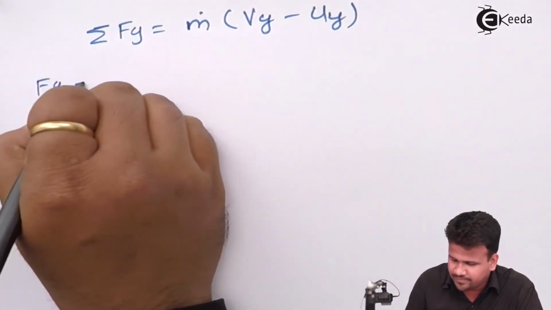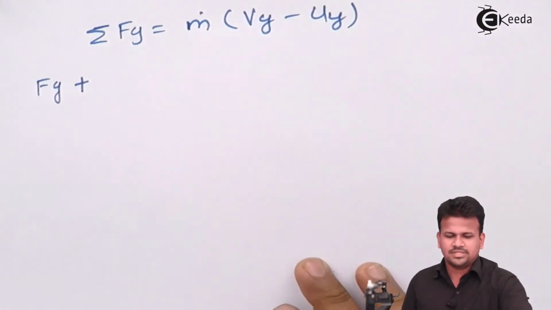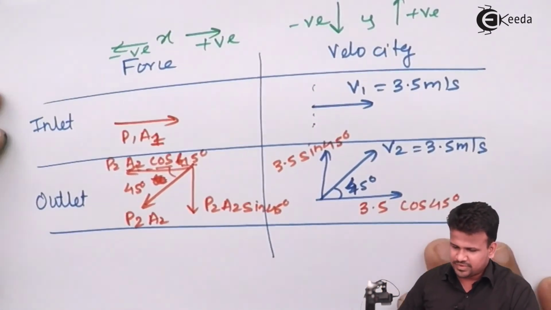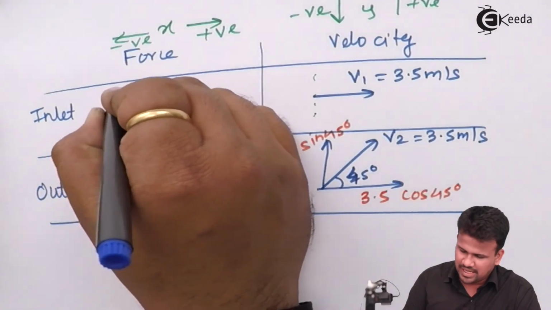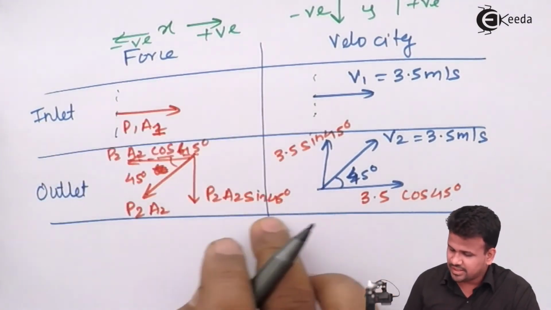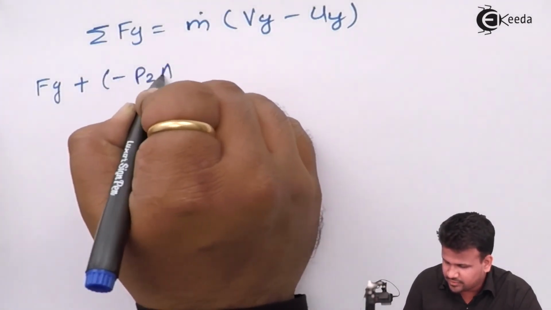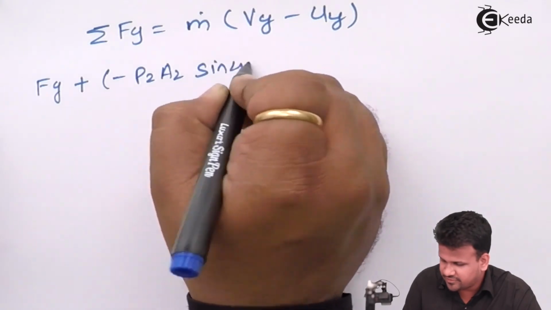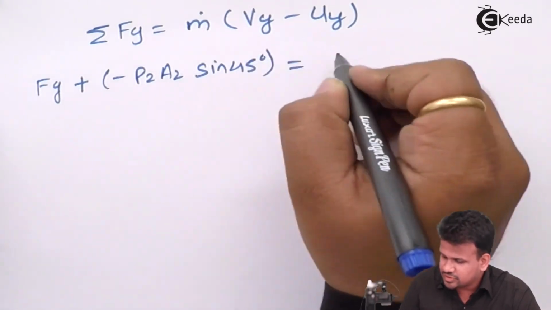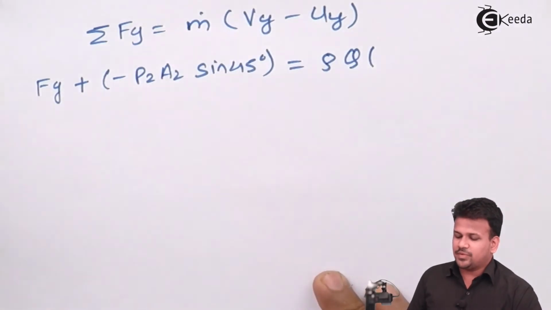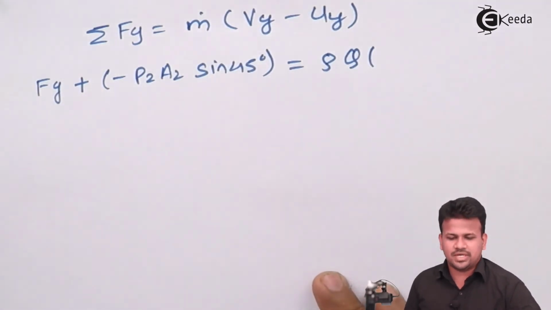So Fy plus, for y direction, there is no force at the inlet, but at the outlet it is a negative force, P2A2 sine of 45 degrees, which is equal to rho into Q, final velocity at y minus initial velocity at y.